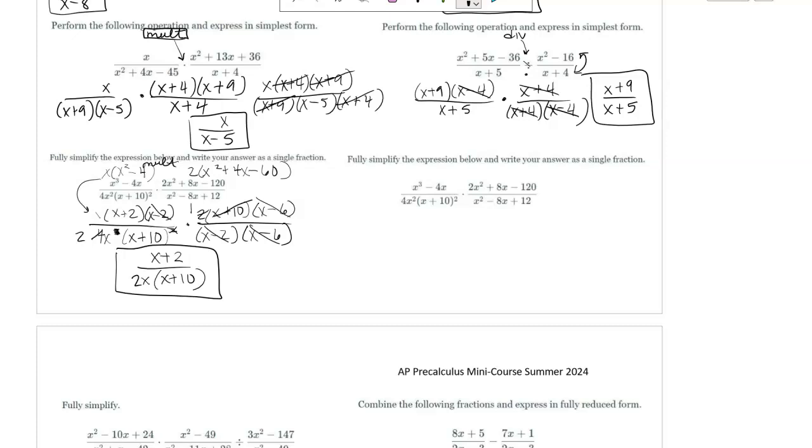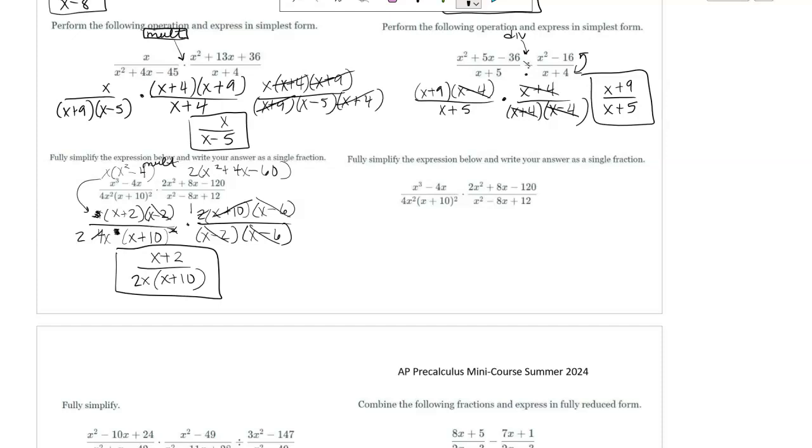I did that one. I'm drawing a blank on this one.